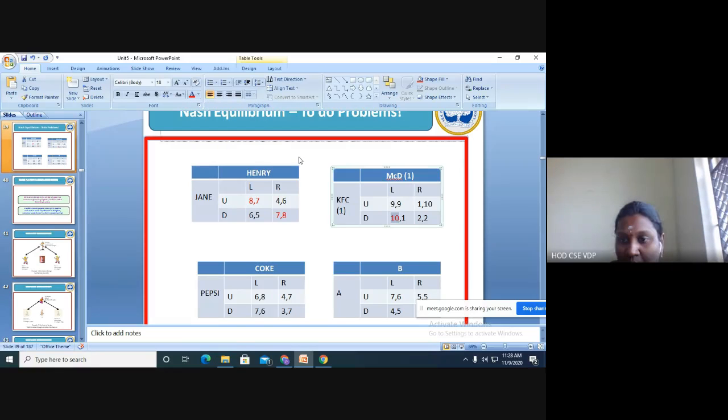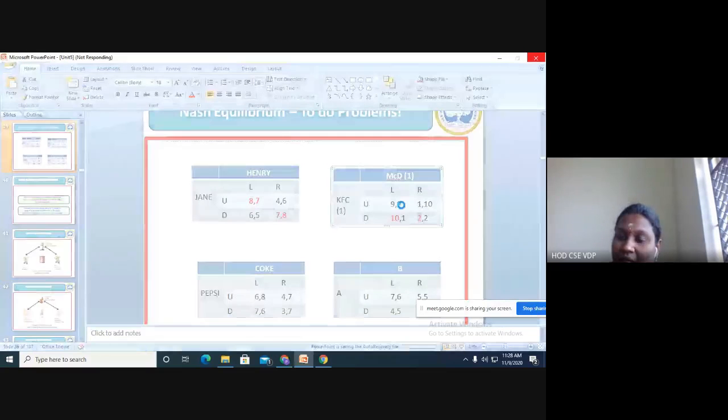Then coming to these two strategies, I mean 1 and 2, the strategy that I choose is 2. So that is for player 1. Coming to player two's point of view, I can choose 9 and 1. I have to choose 9. And similarly, 10 and 2.